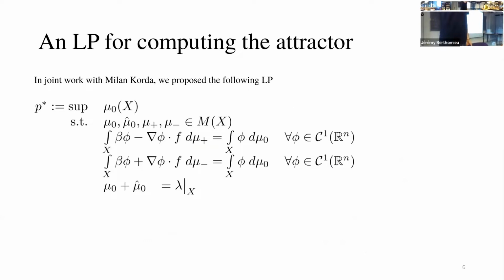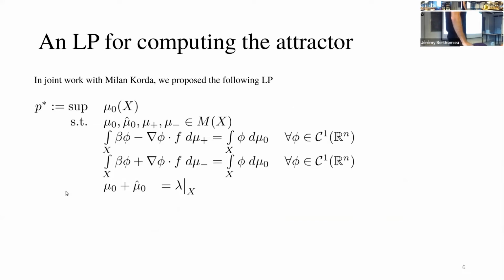And with Milan, we proposed the following infinite dimensional linear programming problem. It's of this form, and it acts on measures. And it has infinitely many constraints. So we test for all continuously differentiable functions phi. So that basically means this here is a weak representation of an operator equation.